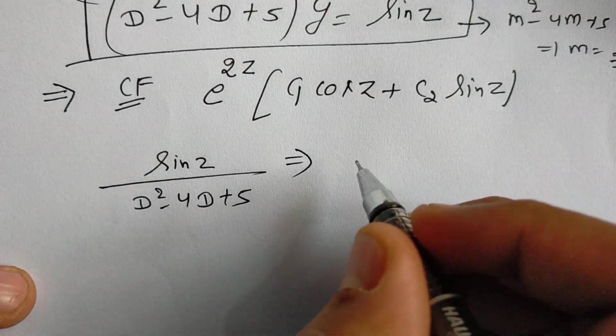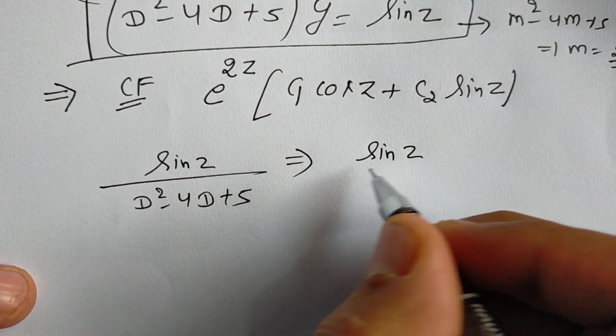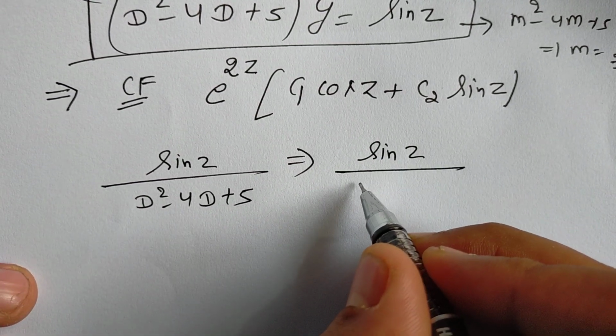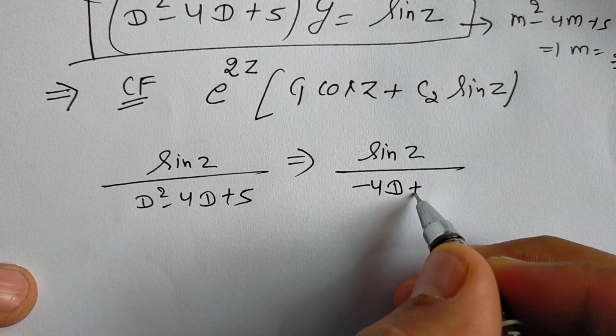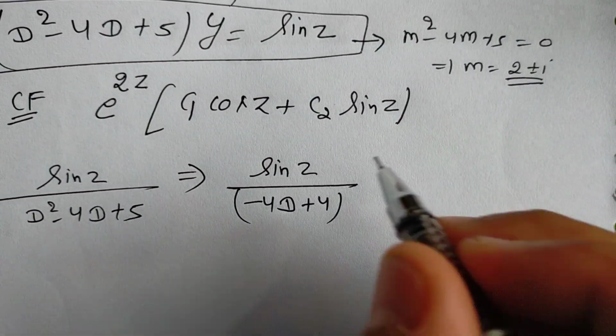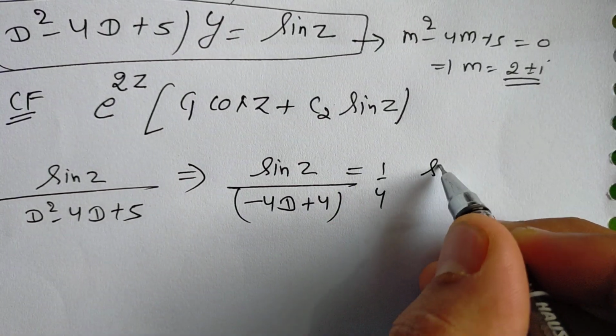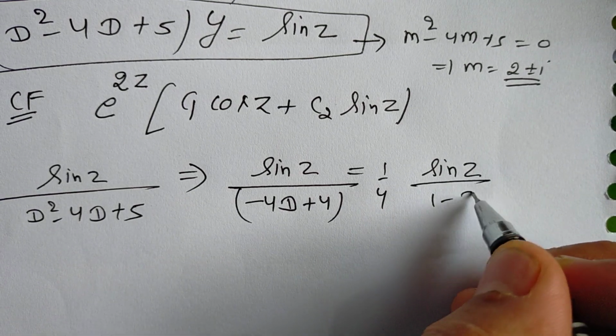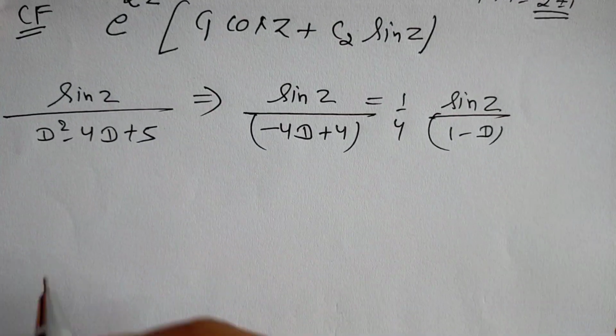So D square replaced by minus 1. So we get sin z by minus 4D plus 4. So this will be 1 by 4 and sin z by 1 minus D. So this we can solve.